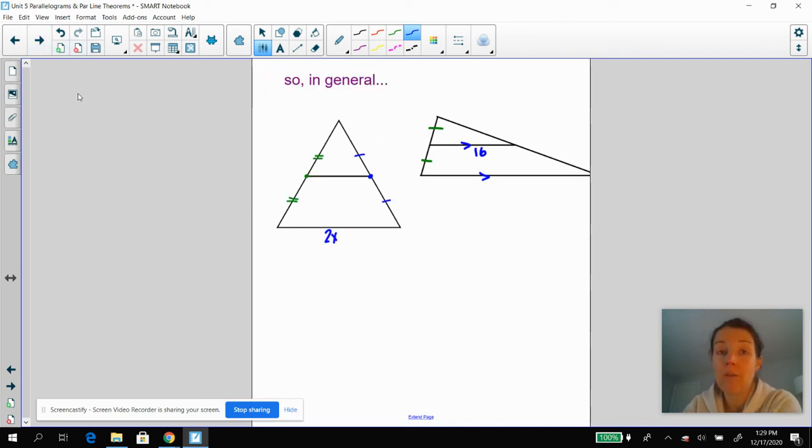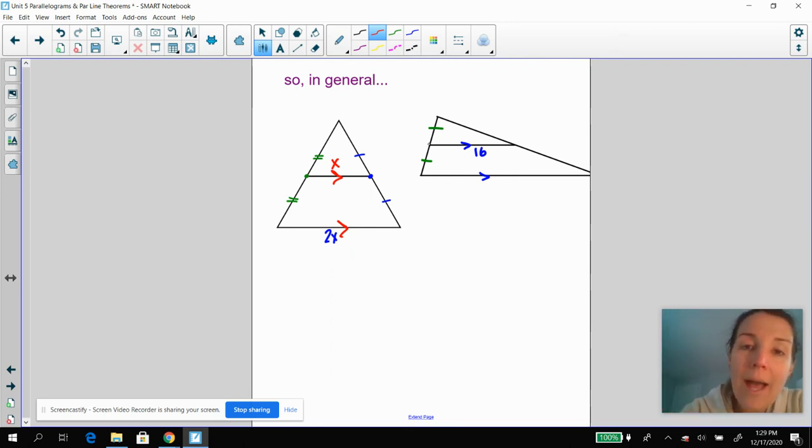So in general, on the left, do you see how I have the midline? I've got the midpoint of one side, the midpoint of the other side. If I know my base is 2x, I know that my midline is going to be x. And in addition to that, I also know that it is parallel to my base. But look at the one on the right. We're not told automatically that this is the midline.